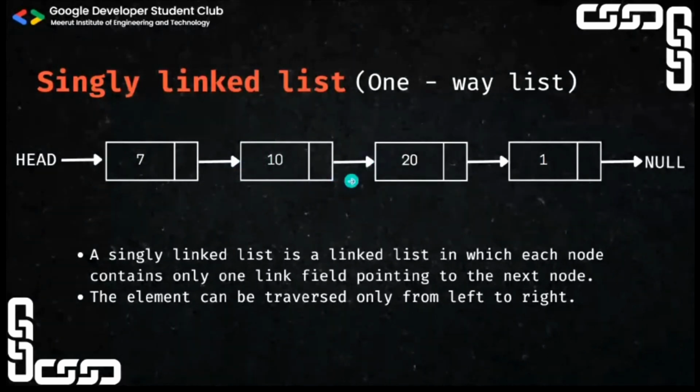It does not contain any information about its previous node, right? So you can only traverse this linked list in one direction, that is left to right. Why? Because suppose you go from head to the first node, then the second node, then the third node, then the fourth node, you cannot go backwards because this node does not contain the address of this node or any information about this node, right?